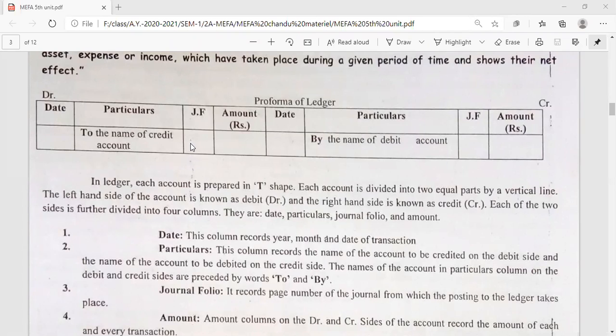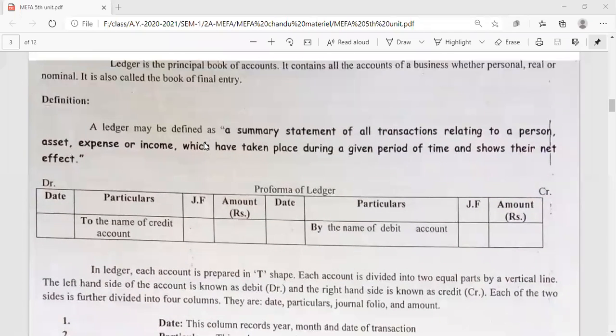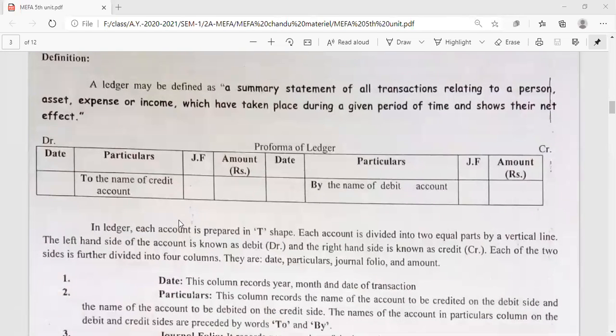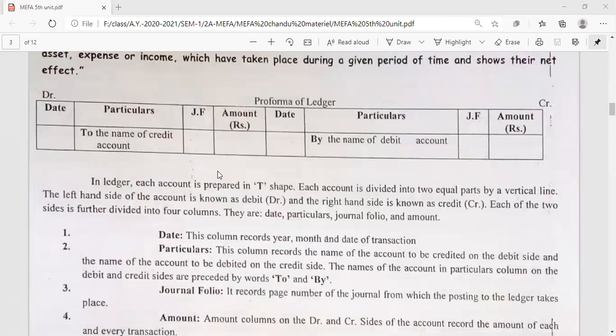Generally if one book completes, we'll open and write in the second book. That means book 1, and the page number of that particular page of that journal. Journal folio means the page number of the journal book, and that book name also, and the amount.